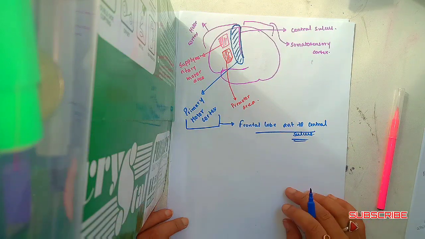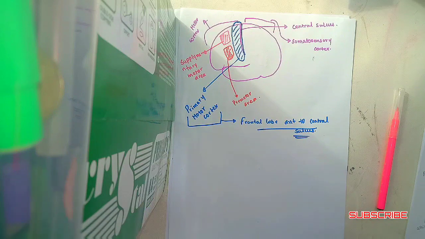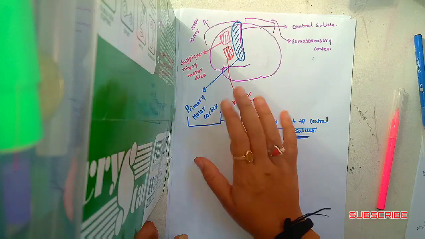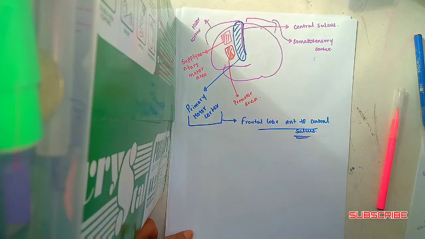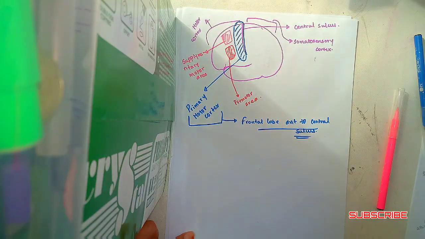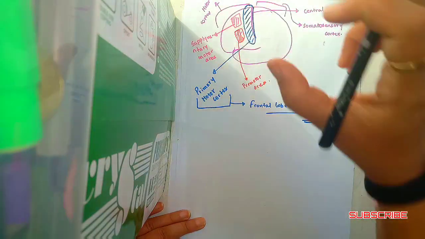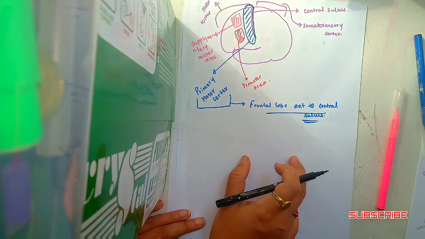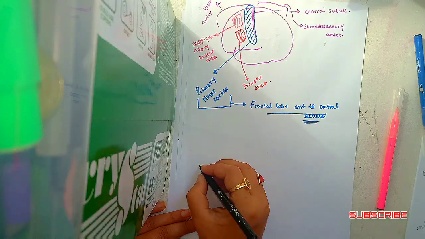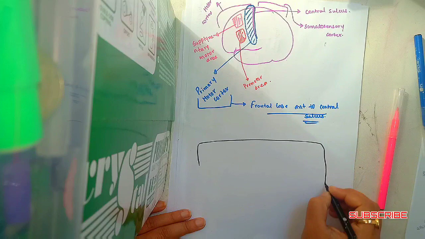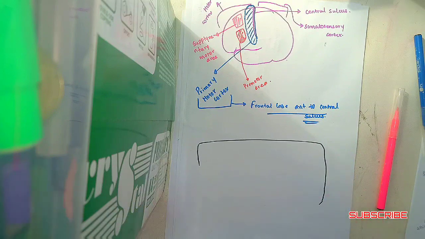Here I have a diagram to show what the primary motor cortex controls. Let's draw it. Think that I take this central sulcus like this and put it here.